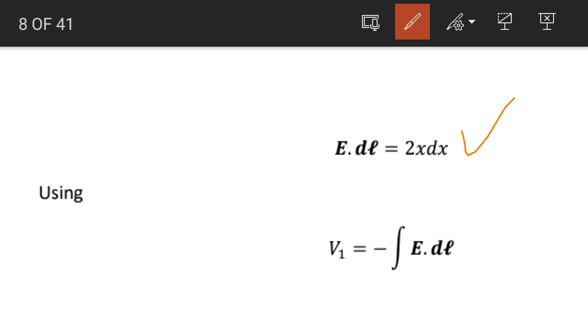So we calculate the energy along the first straight segment C1 with the help of this particular integration, and we represent this energy by V1 now, because we are going to calculate the voltage between point P and point Q. So V1 will be equal to minus the integration of E dot dl.